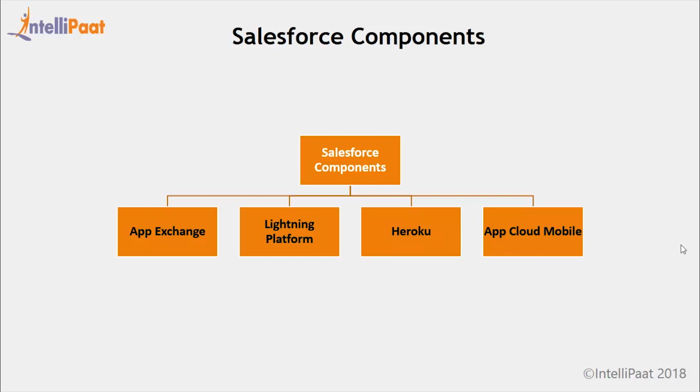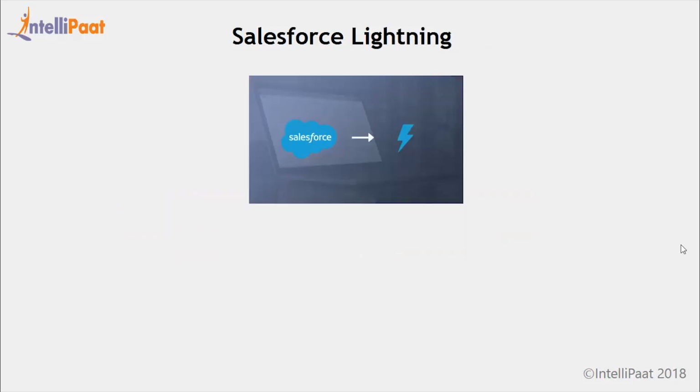Now let us go in detail about Salesforce Lightning Platform, our main subject of the day. So let us first understand what is Salesforce Lightning. Let me give you an explanation. Salesforce Lightning is an ecosystem of ready-made apps and components which enterprises can use to build next generation user interfaces and apps.